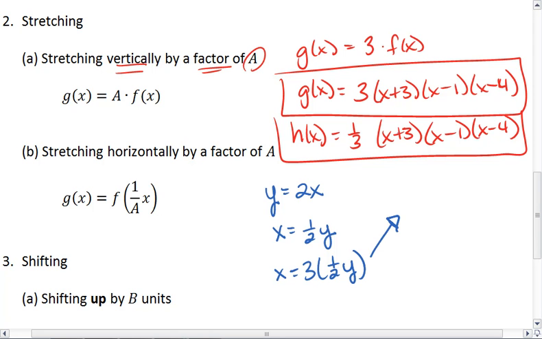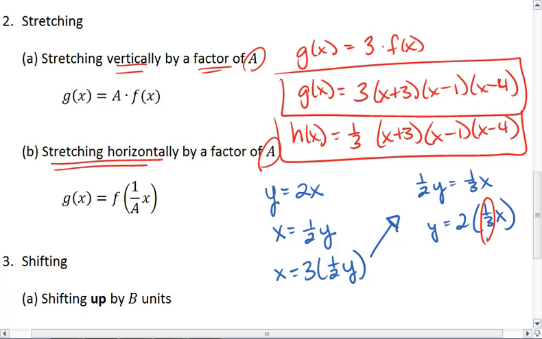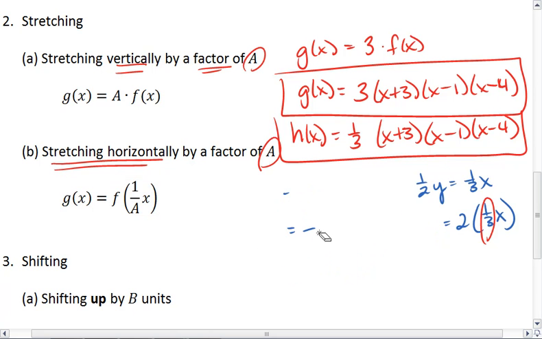But since most of our equations are in terms of y, we see that to stretch by a factor of 3, we actually have to multiply by its reciprocal of 1/3. And that's the general rule, that when we stretch horizontally by a factor of a, we multiply by the reciprocal of 1/a. We multiply every input by that value.